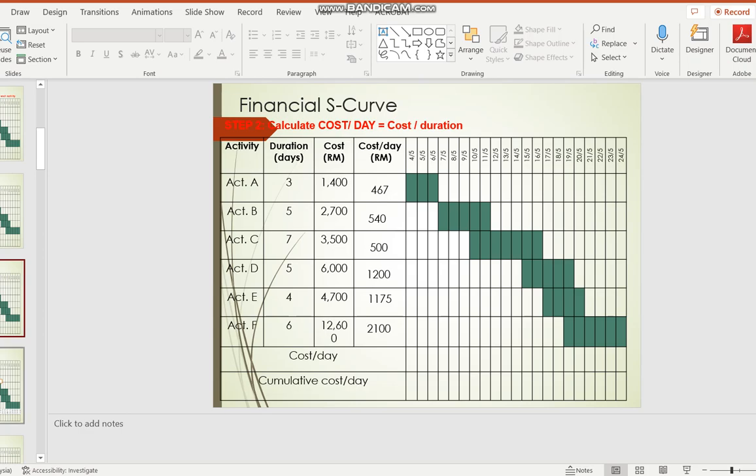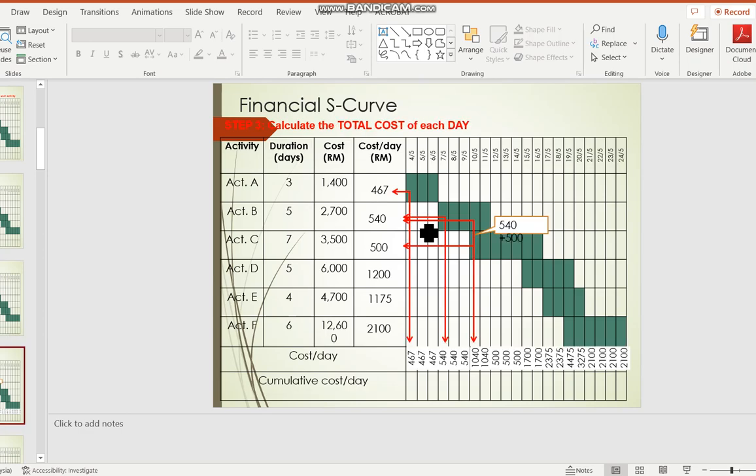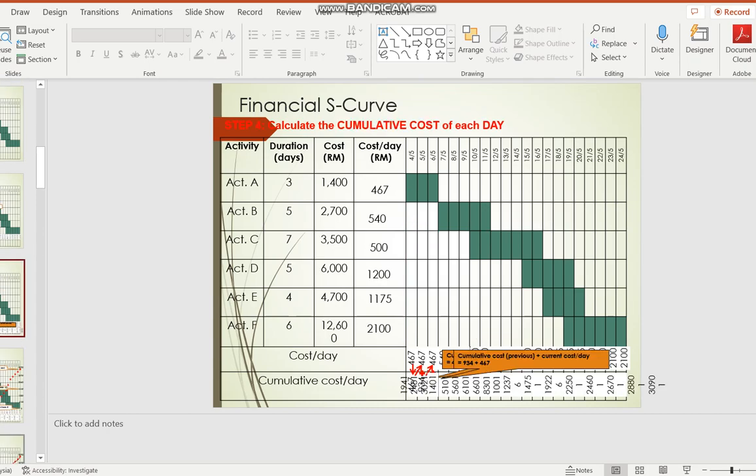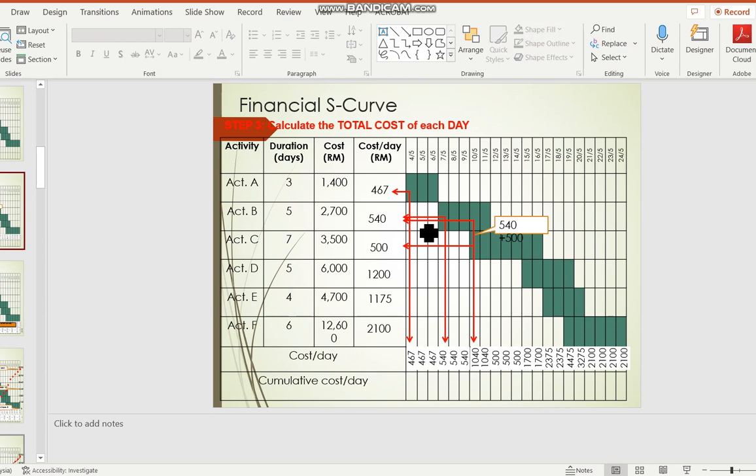So after you spread it over, what you do is you add it up vertically again. This one adds up, this one adds up, this one adds up. Something is double, so you have this extra. Don't worry about this. You can just write your numbers here, and then add it down vertically.